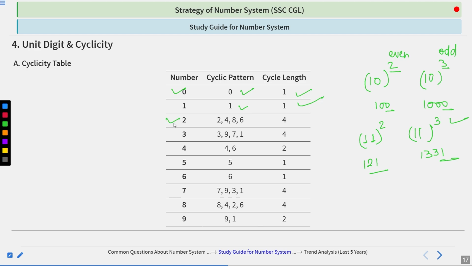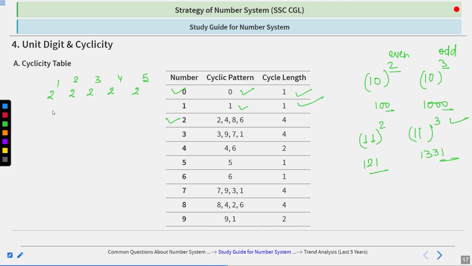Now we move to 2. The cyclicity of 2 is 4. How? When we take power 1, power 2, power 3, power 4, and for example power 5.